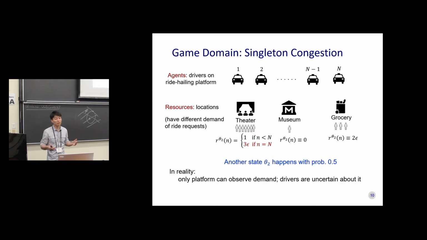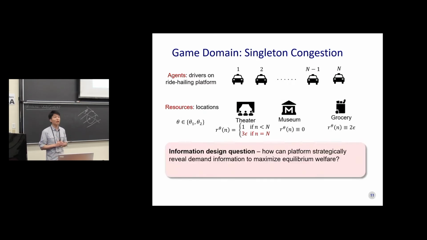This is uncertain to the drivers because they only have some prior belief, but the platform can observe this exactly. So the information design problem we look at is: as a platform who can observe the demand information, how can you strategically reveal this demand information so that you can influence the drivers' behavior and therefore maximize your welfare at the equilibrium?